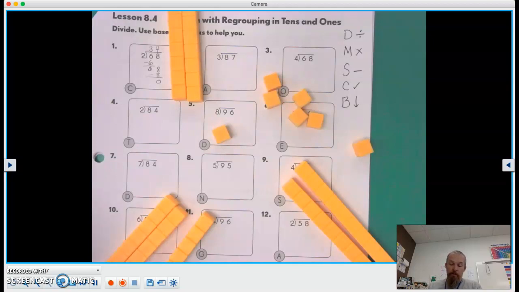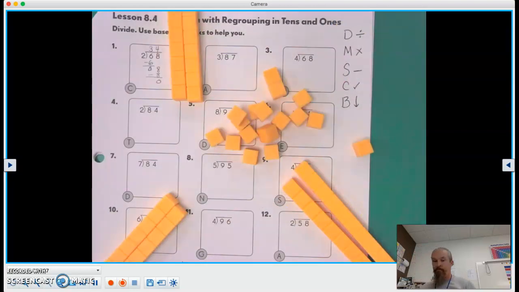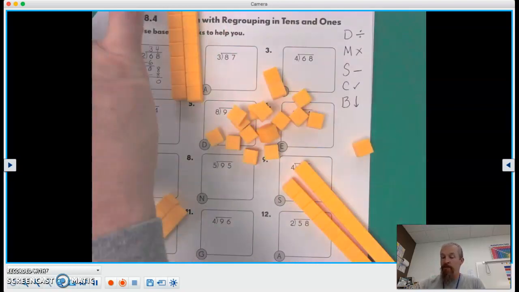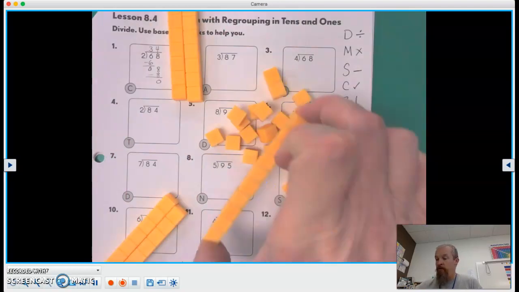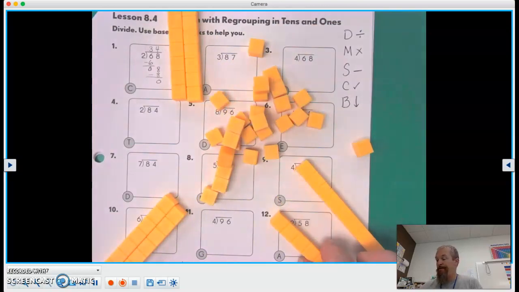1, 2, 3, 4, 5, 6, 7, 8, 9, 10. So I'm going to exchange this for 10 more ones. Okay? And I'm going to exchange this for 10 more ones.